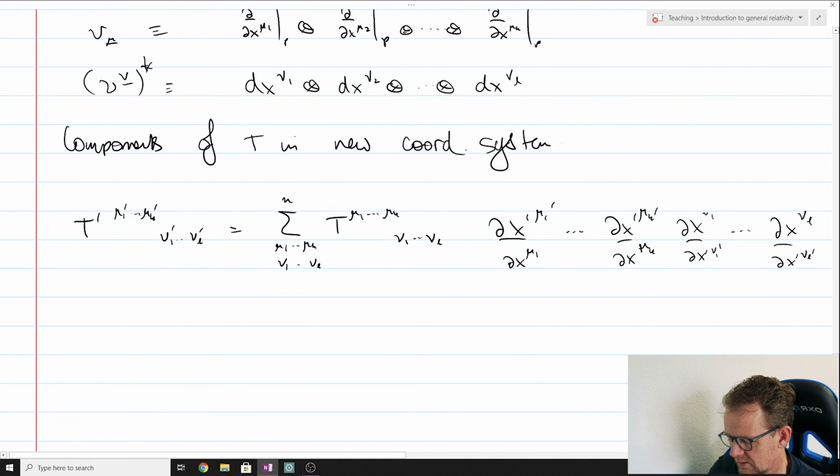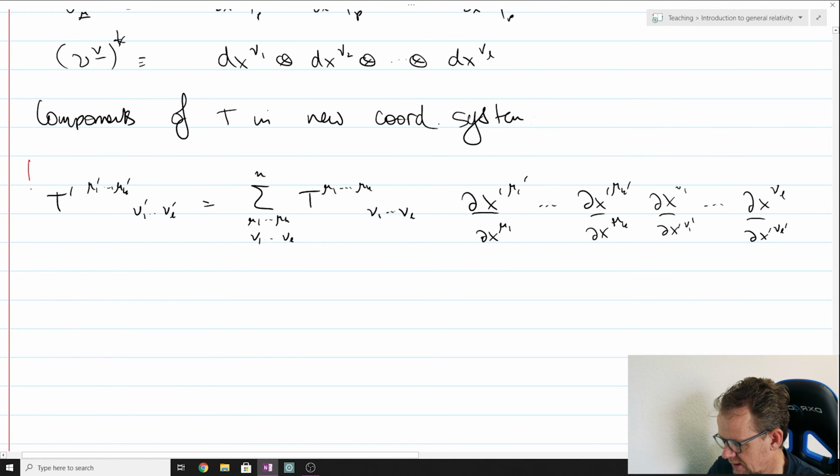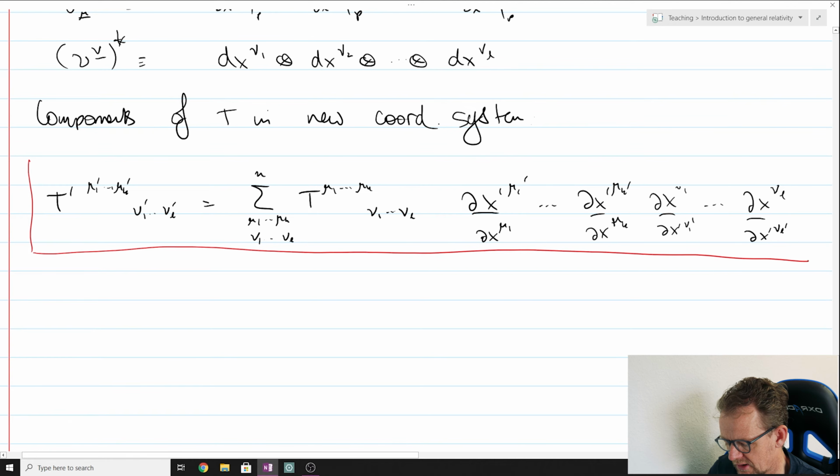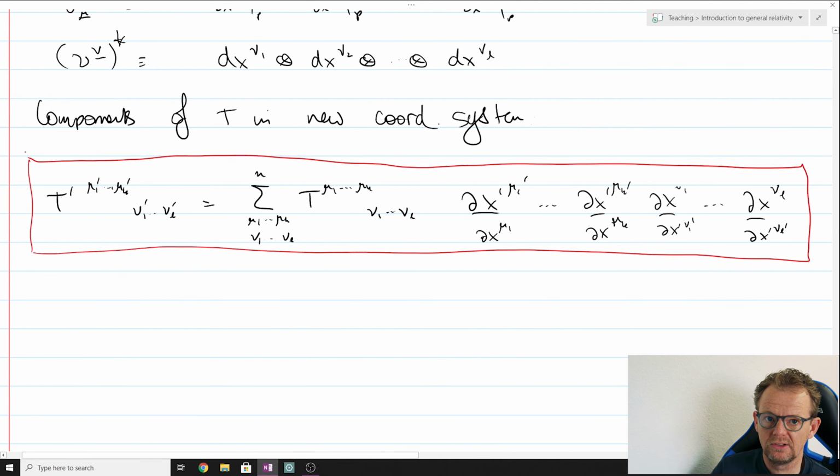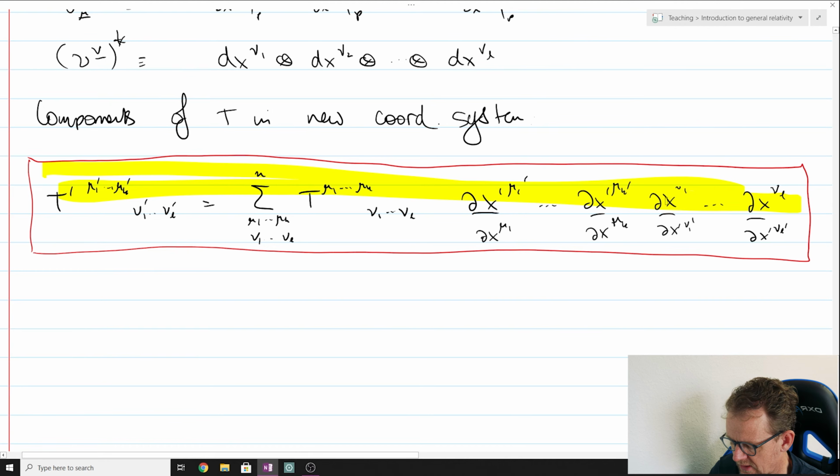Okay, so you can quickly convince yourself of this by applying the tensor to various, contracting the tensor with smooth basis vector fields of simple tensors. And when you do, you infer that the components of a tensor in one coordinate system have to look like this in the new coordinate system.